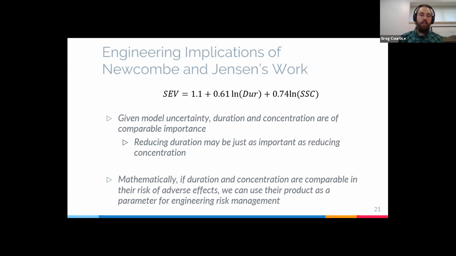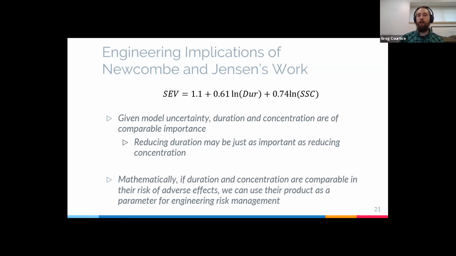So another thing that might be a bit different here is that this is a statistical model, which means that we need to understand the uncertainty associated with the coefficients that are presented in it. If we take the coefficient for duration and the coefficient for concentration, there's a lot of uncertainty around those. And so what we can say is that they're really comparable in their importance.